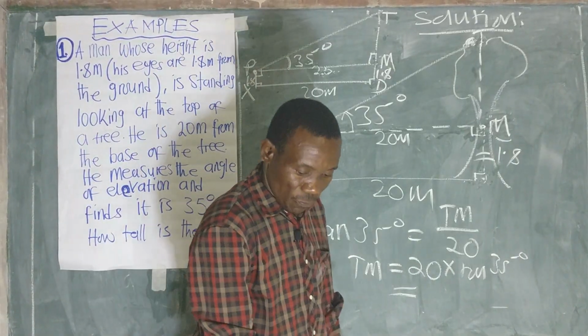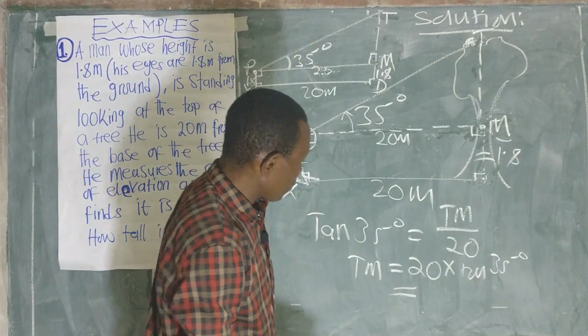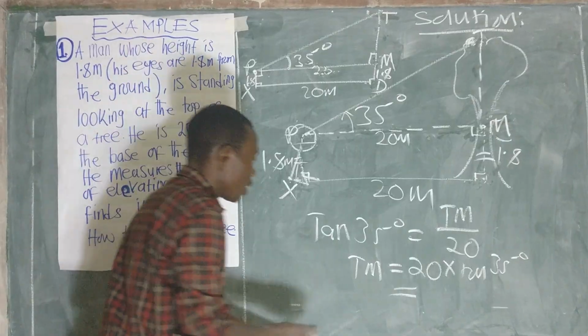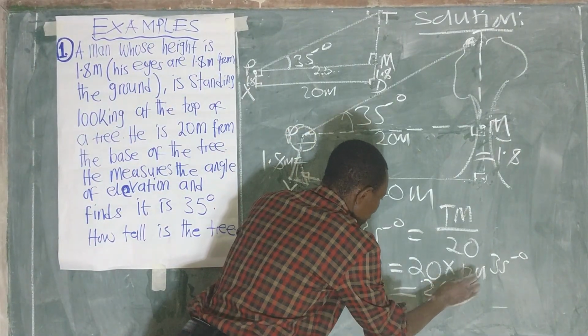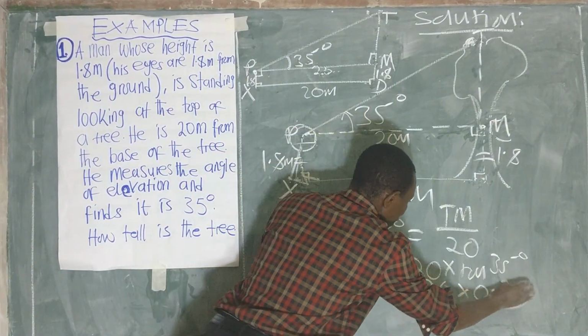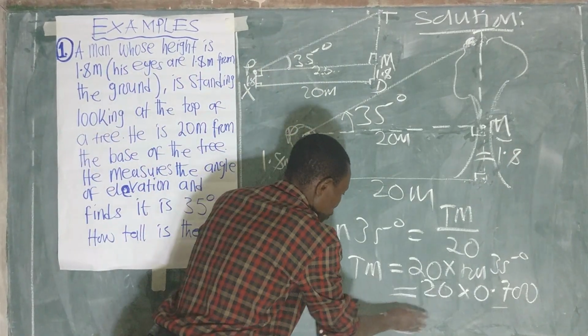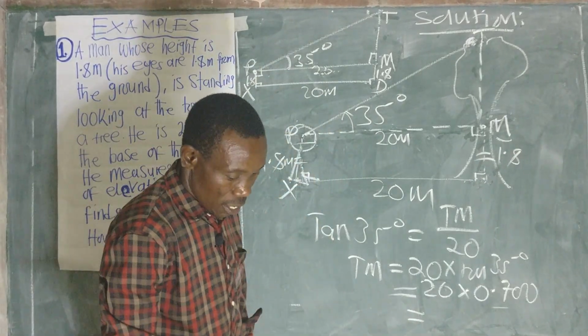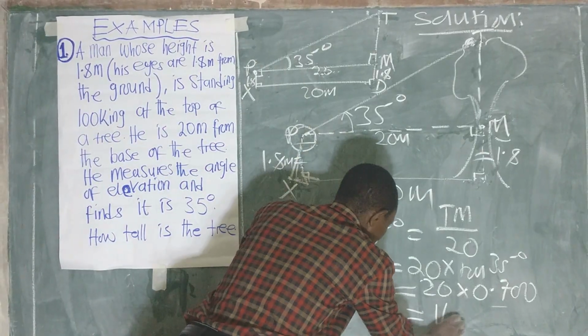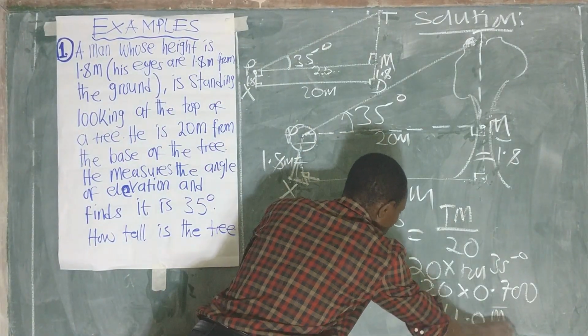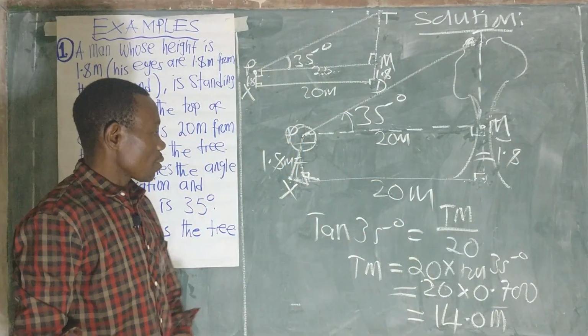Right, so if we do that, we'll realize that the tan of 35 degrees is 0.700. So once you multiply that, the answer you're going to get from there is what? 14.0 meters. Right, so that's the way it goes.